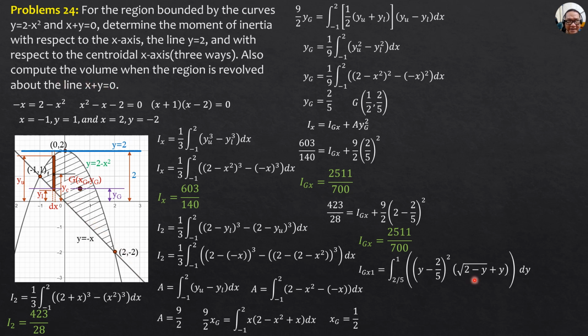So minus negative y, so that becomes plus y, then dy. And because this is calculator aided and the answer cannot be expressed as an exact one, it is 0.13832 units to the fourth.